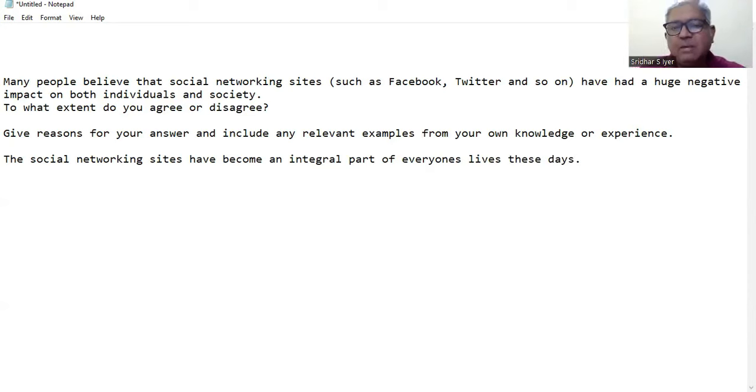So rich vocabulary like integral. What do you mean by integral? So it has become like a part and parcel that they cannot part with social networking sites. It has become like that, right?